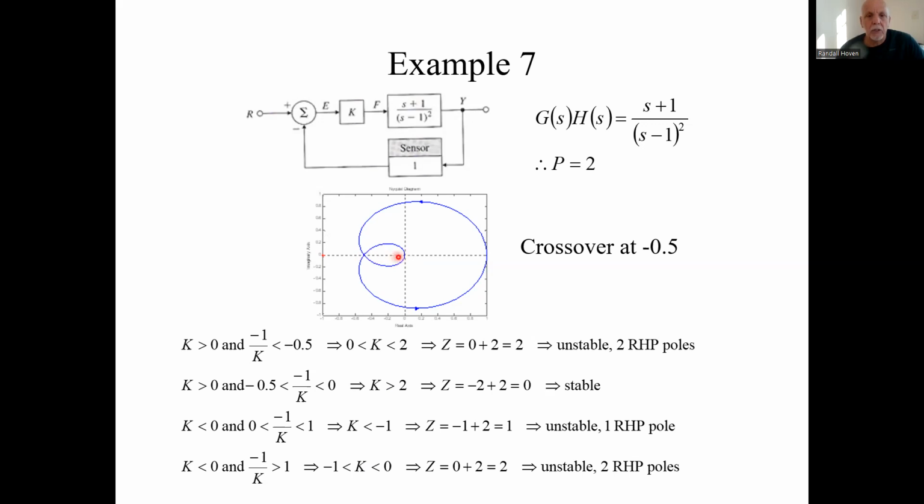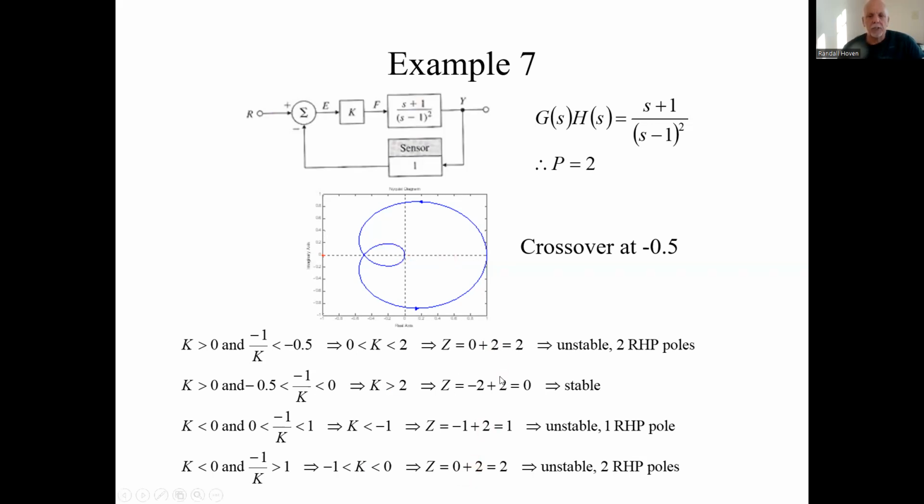Between there and the origin, 1 crossing, 2 crossings, and they're both counterclockwise, so n equals minus 2. Over here to the right of the origin, up to this point, there's 1 crossing, it's counterclockwise, so n equals minus 1. And out here, off the graph to the right, n equals 0.